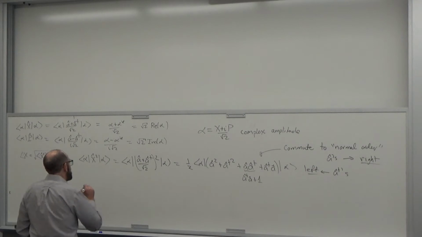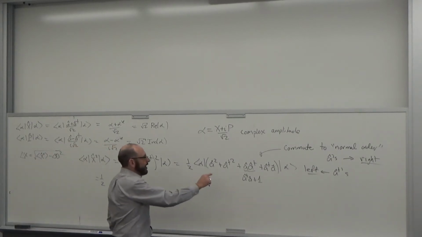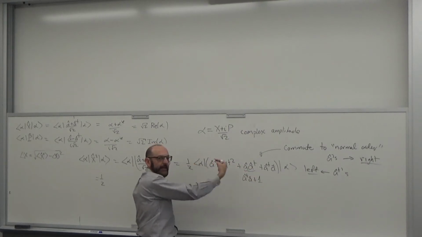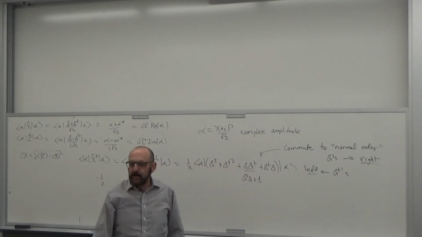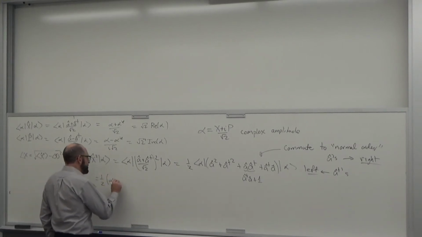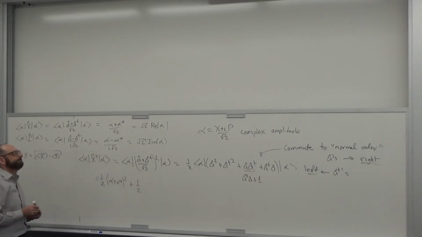So this is equal to a half times, well, every A acting to the right gives me an alpha, every A dagger acting to the left gives me an alpha star. So this is equal to alpha plus alpha star squared plus a half. Right?